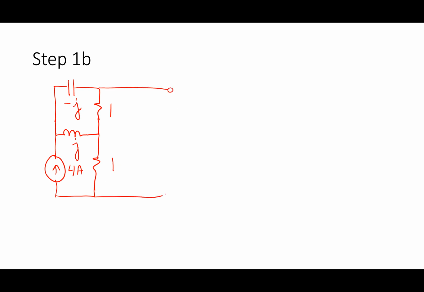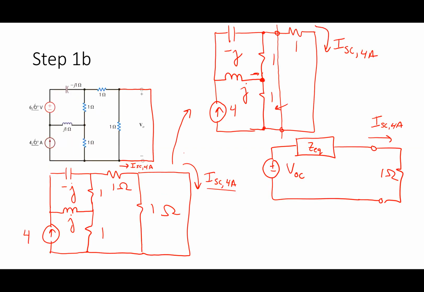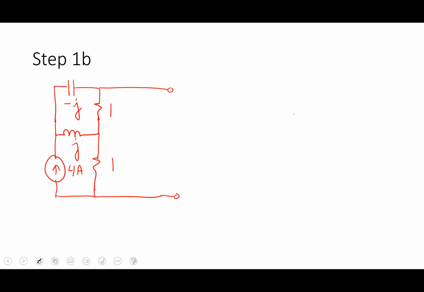All right, this is my approach here. So I'm going to call these terminals, I guess I'm going to call them A and B. Call this A, call this B. All right, so how am I going to approach that?